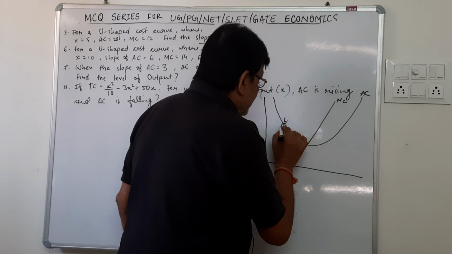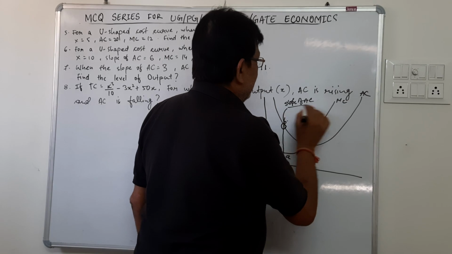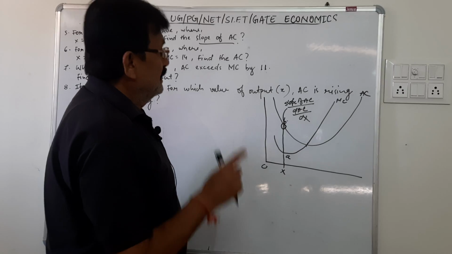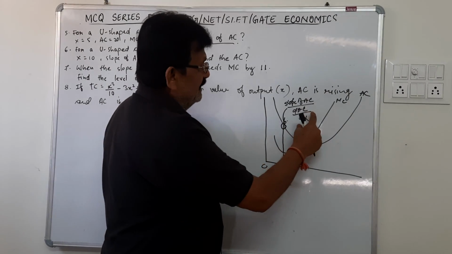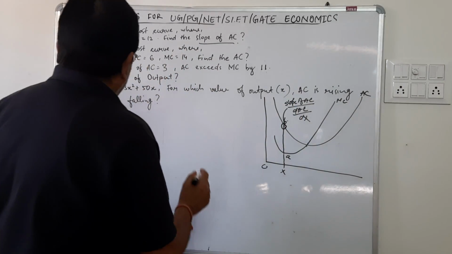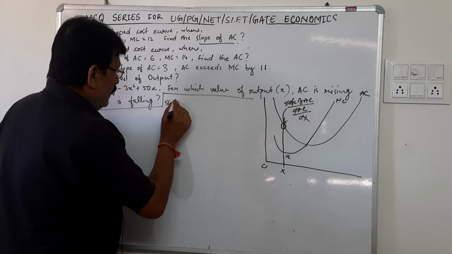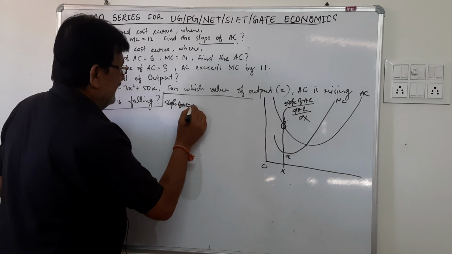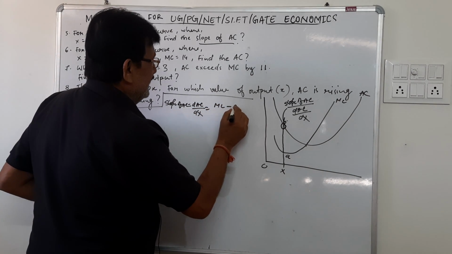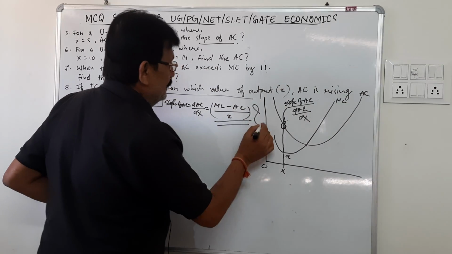Now at this point B, slope of AC, that is dAC by dX. We do have a definite relationship between slope of AC, average cost, marginal cost and the level of output, and this relation says slope of AC, that is dAC by dX, is MC minus AC divided by X. Yes, this relation will be used right here.